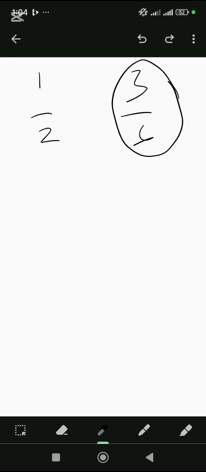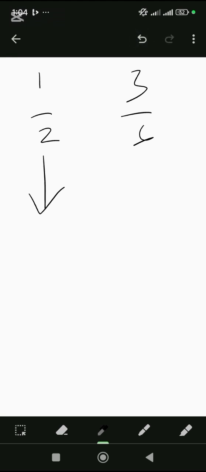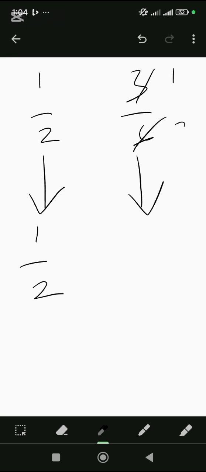Okay, and so to be able to find out, we need to bring this to their smallest fraction. That is, we can simplify. The 1/2 there has been simplified to its least fraction. But these 3/6 can be further simplified. And 3 into here is 1, 3 into here is 2.